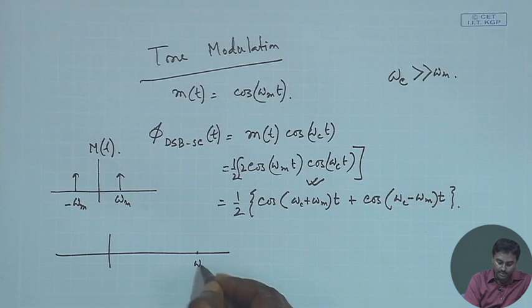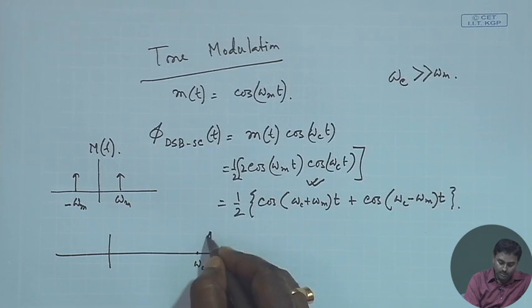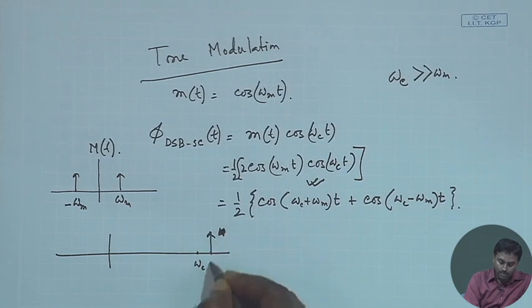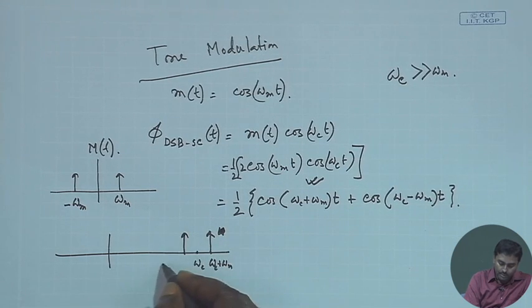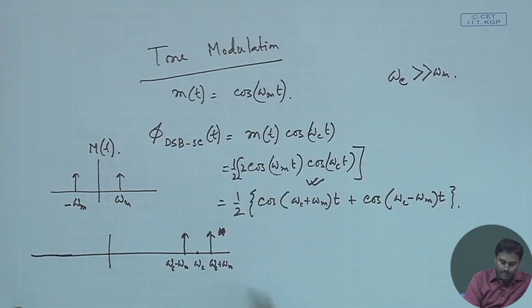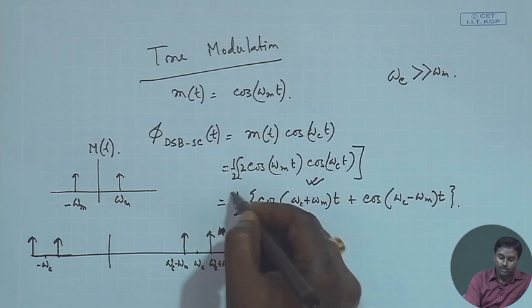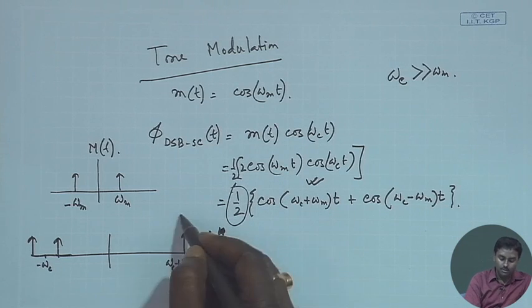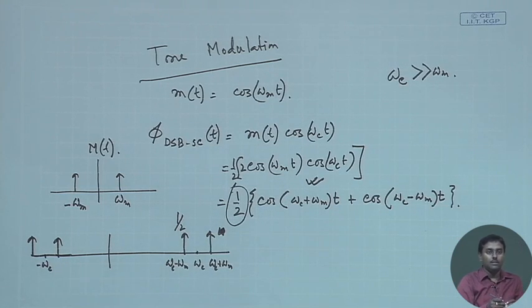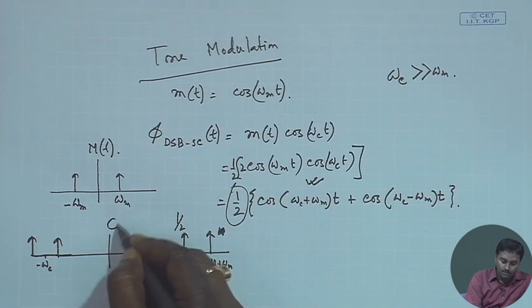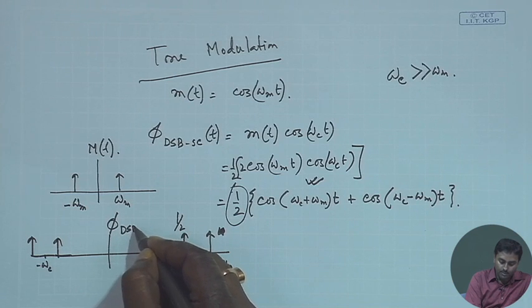So if this is omega c, there should be one cosine function at omega c plus omega m, and another cosinusoid at omega c minus omega m, and of course the negative half should have the symmetric part. So if this is minus omega c, there should be 2 parts over here with amplitude half. All of these must have half amplitude. So that's phi DSB-SC(f).